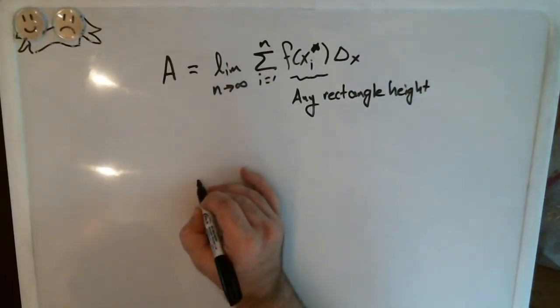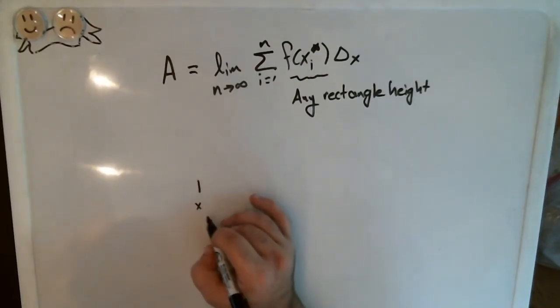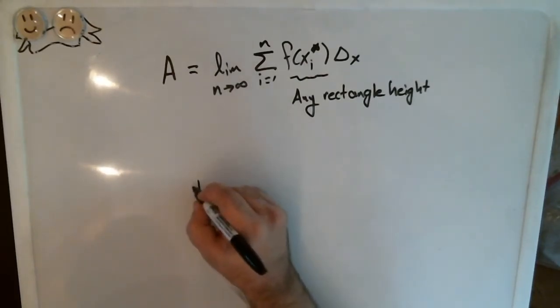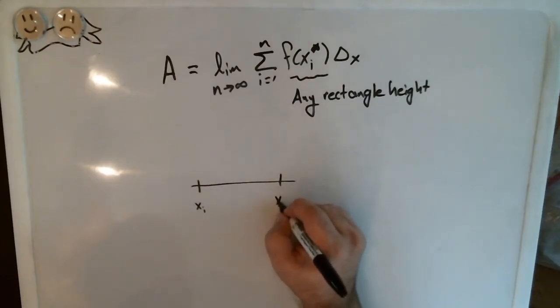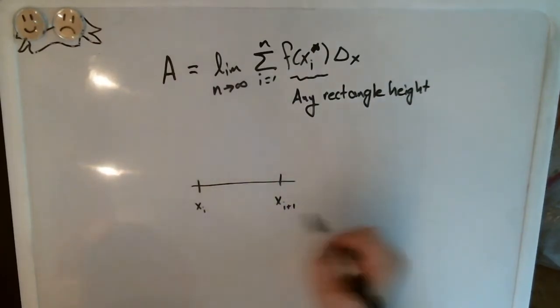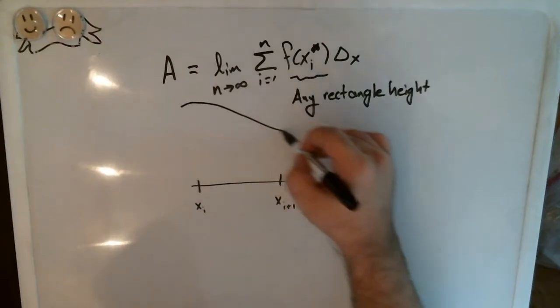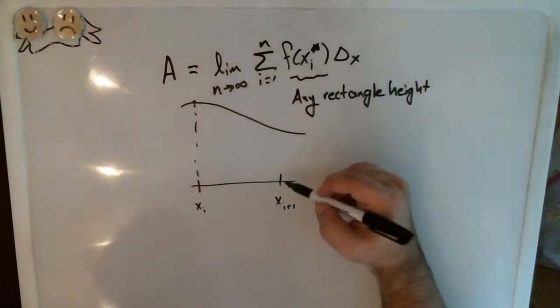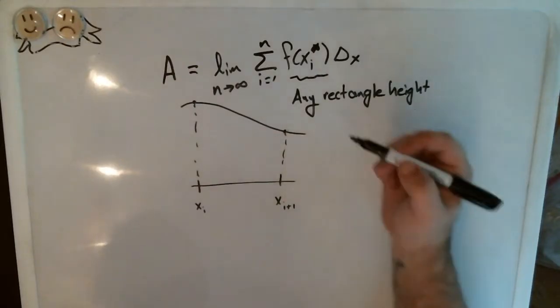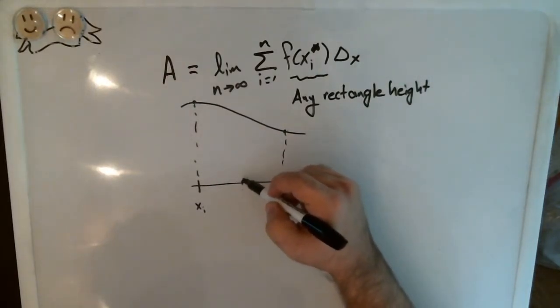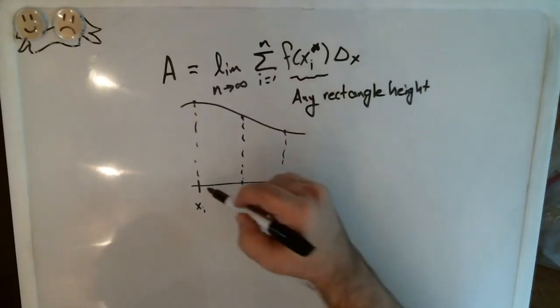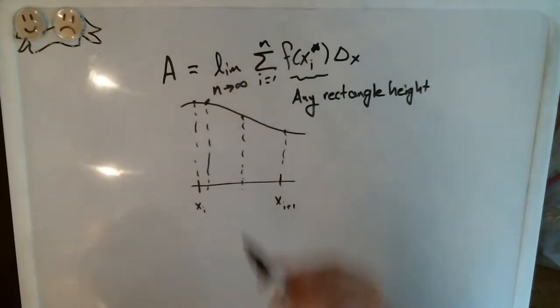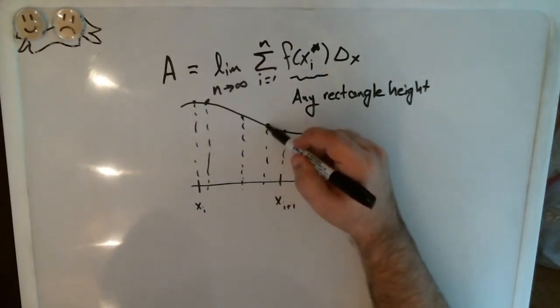So if I were to take, let's say this is x_i, and this is x_i plus 1, any interval, and here was my curve f along there, I could use my left endpoint, my right endpoint, whatever's in between the two of them, something over here, something over there.